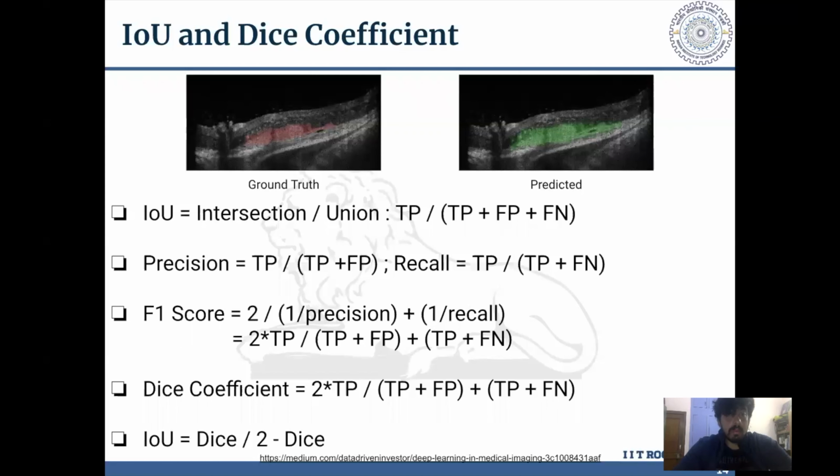Okay, moving on to the metrics that were used to validate the training of the performance of the model. So first is intersection over union, which is also called IOU. It's basically as the name suggests, on the numerator, it's the area of intersection of the predicted mask and the ground truth mask, and in the denominator it's the union of the same, right?